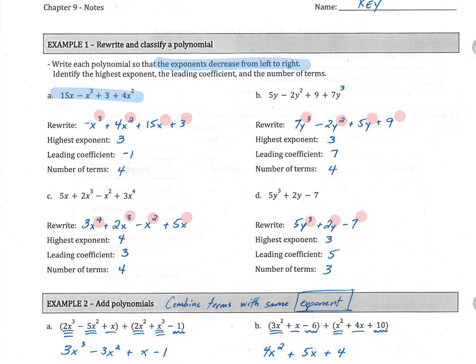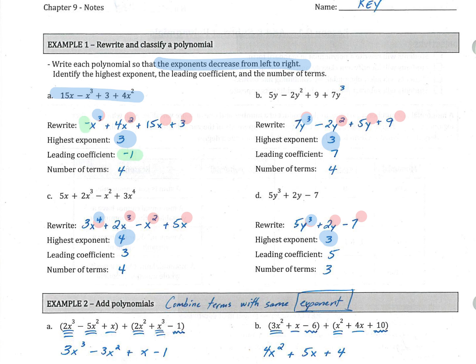So notice the exponents decrease. Some other things we picked out of each of these examples. The highest exponent, the degree: example A was 3, example B was 3, example C was 4, and example D was 4 again. The leading coefficients are those numbers in front.